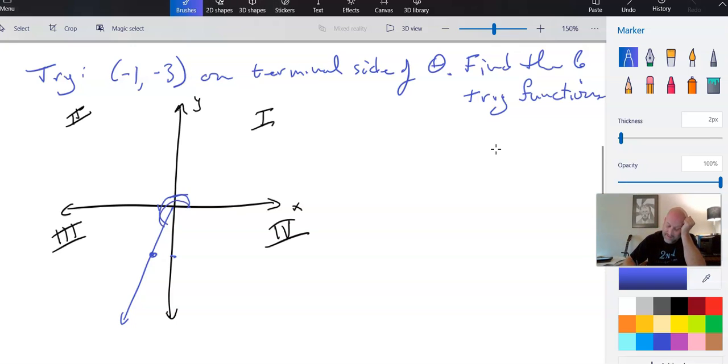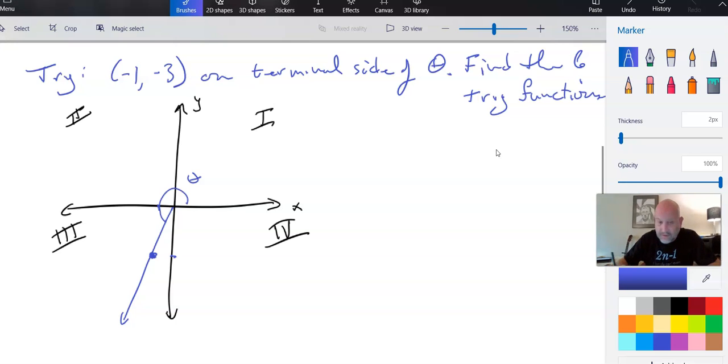This is theta. So theta is bigger than 180 degrees and smaller than 270 degrees. Again, we don't have to know what the angle measurement is. We just need to figure out what the signs of the x and y coordinates are, and we already have those. I have a -1 and a -3, which puts it in the 3rd quadrant. So let's go ahead and work it out.